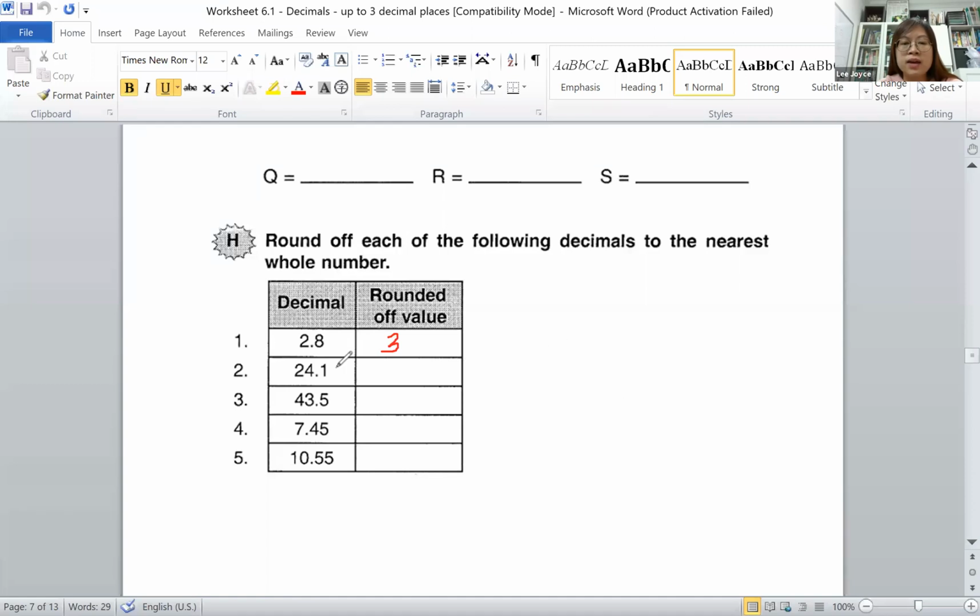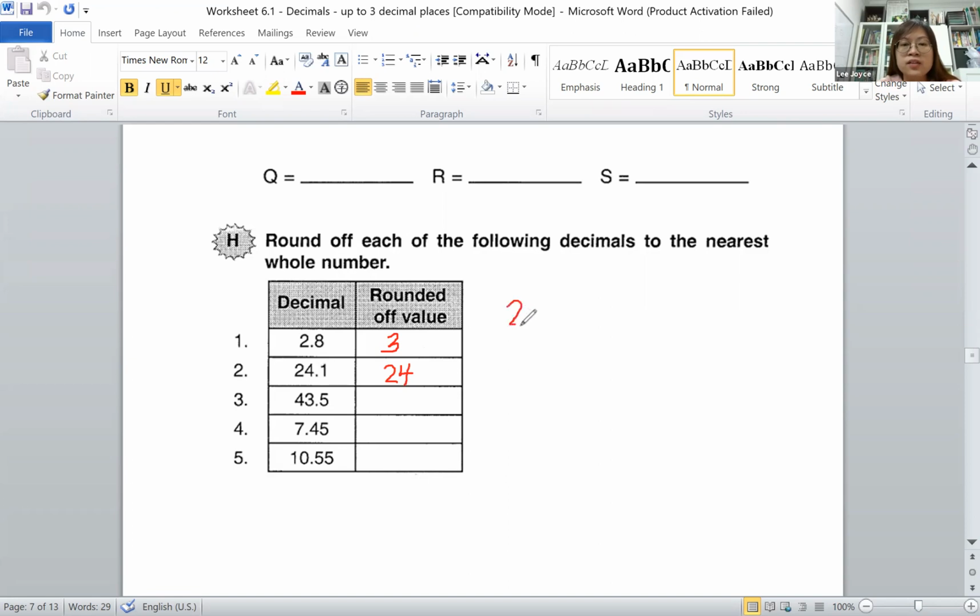However, if the digit after the decimal point is less than 5, for example, question 2, you see this digit 1 is after the decimal point, 1 is less than 5, then you have to round it down to the closest whole number. That means it will remain as 24.